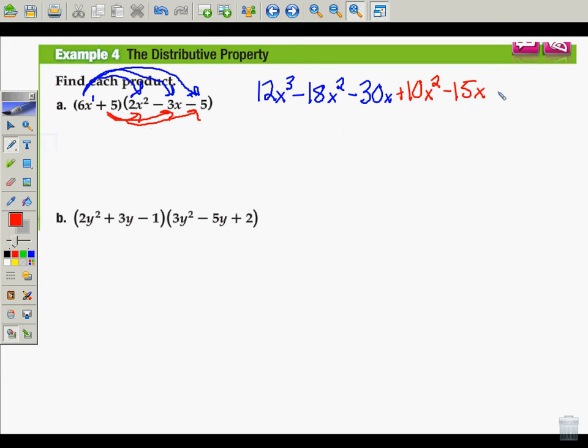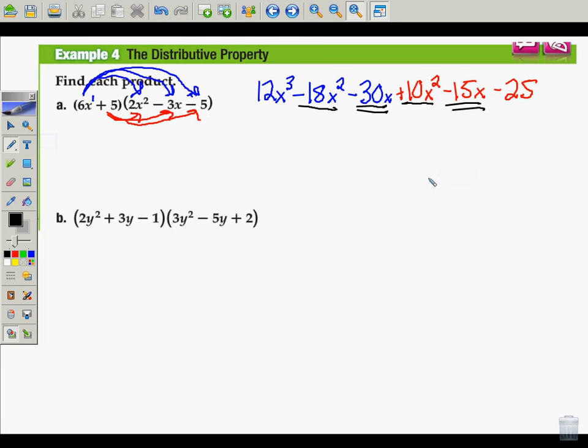And now I've got everything multiplied out. The last thing to do will be combine like terms. If you notice, I have a negative 18x squared, a positive 10x squared, and I also have a negative 30x and a minus 15x. So I do have some terms that I could combine here.